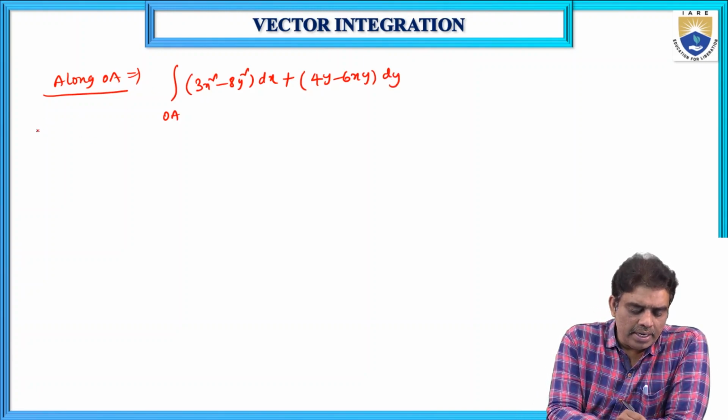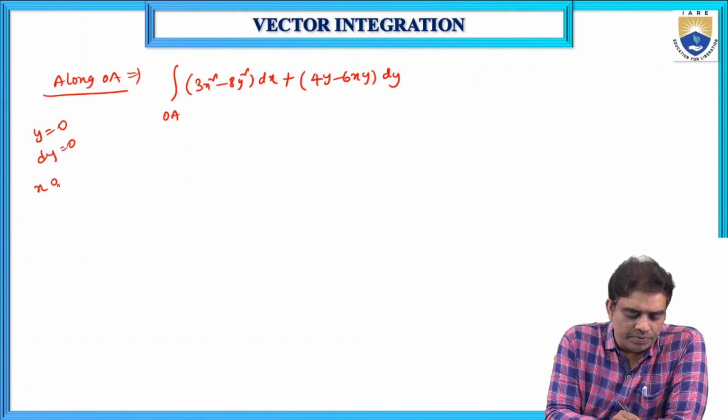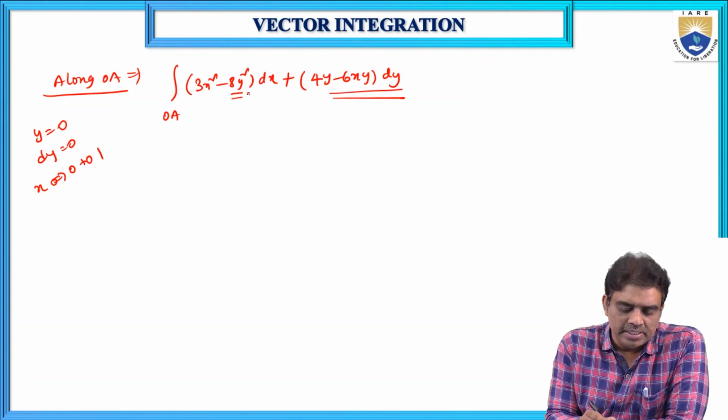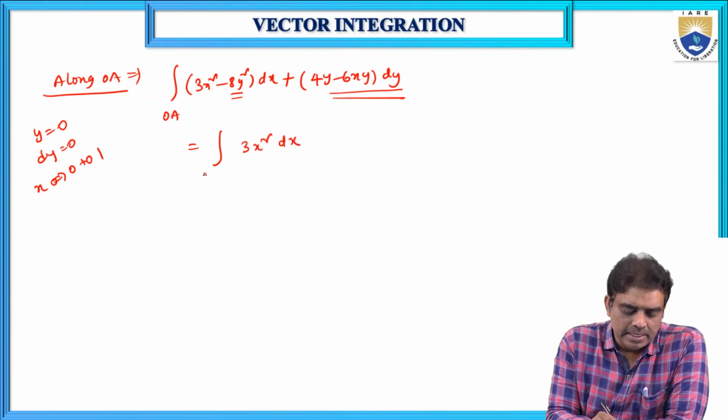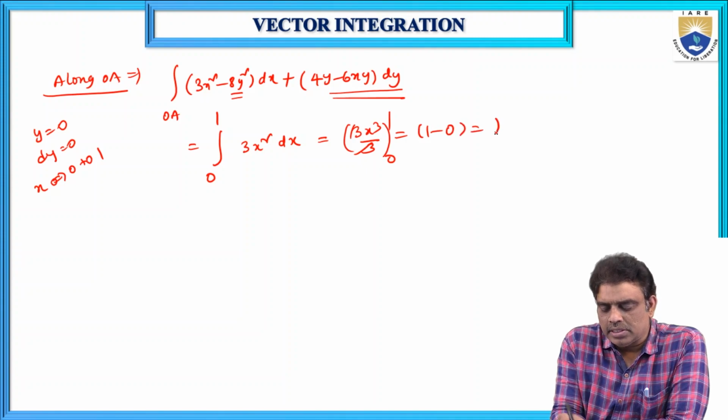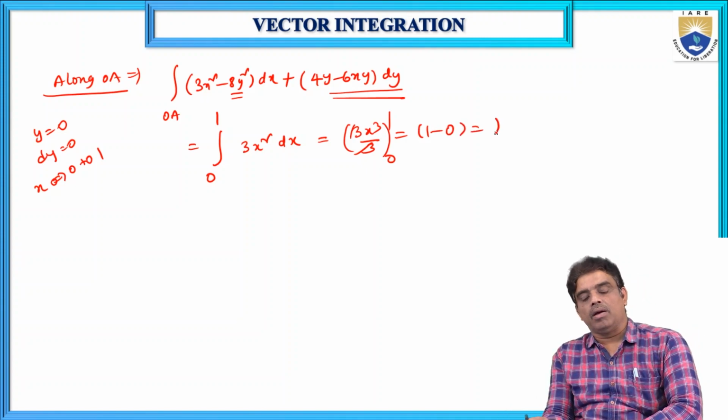So what is along OA? The x-axis equation y equals 0, dy equals 0, x varies from 0 to 1. So dy equals 0 means the entire second term is 0, and y equals 0 too. What you will get is the integral of 3x square dx, limits 0 to 1. That is 3x cubed by 3 between 0 and 1, that is 1 minus 0, which is equal to 1. So that is along OA.